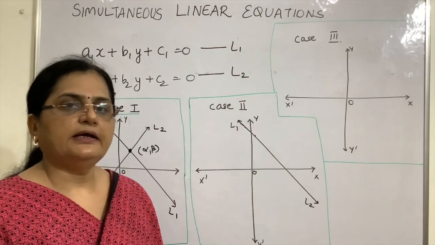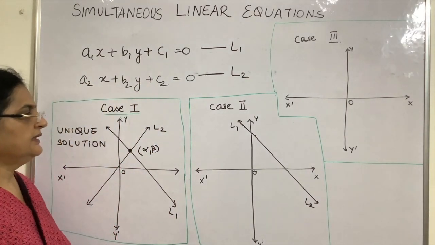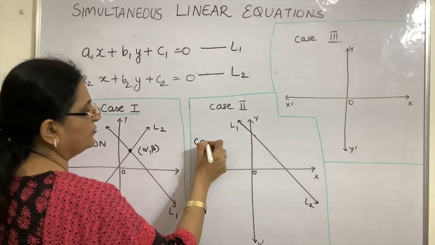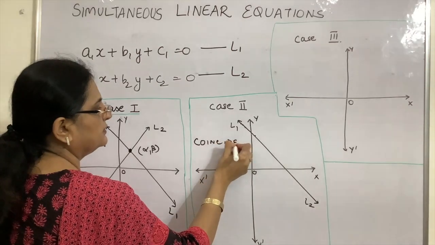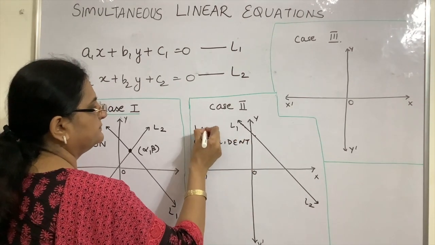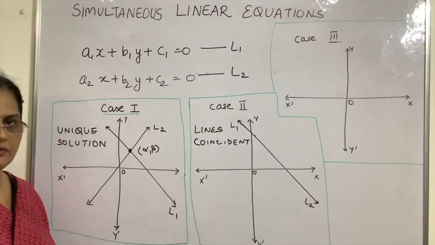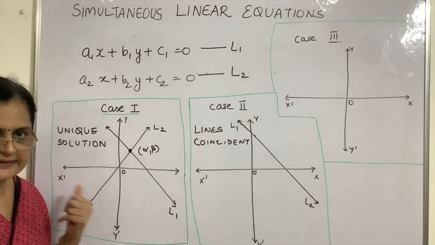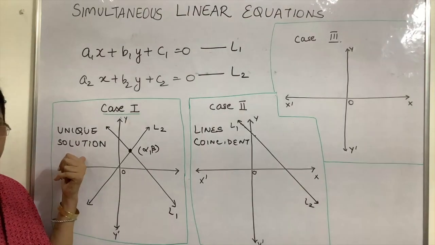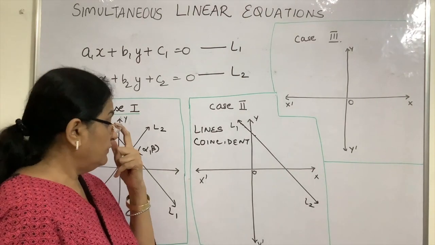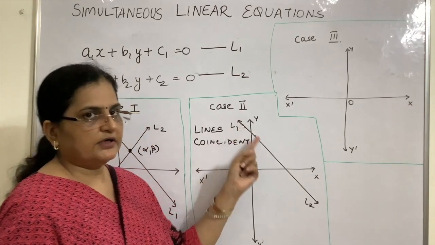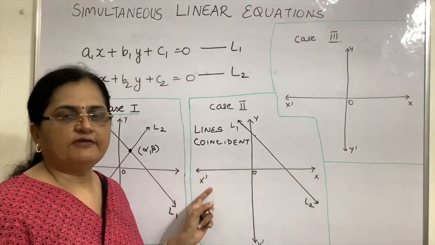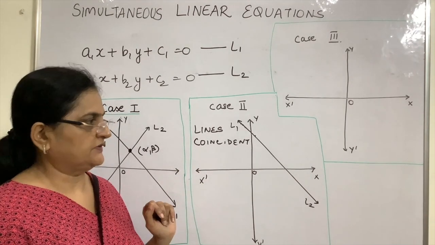So there will be infinitely many solutions, and this is called the case of coincident lines. Over here the lines are intersecting at a point, so that point is known as a unique solution. Over here the lines are overlapping each other, they are coincident, so this will have infinitely many solutions.